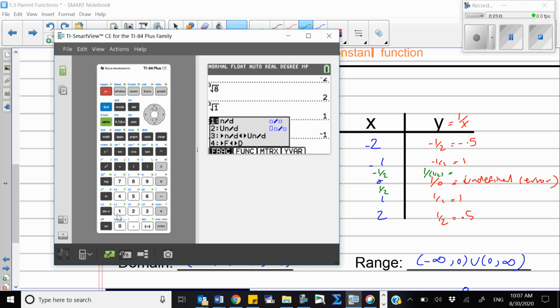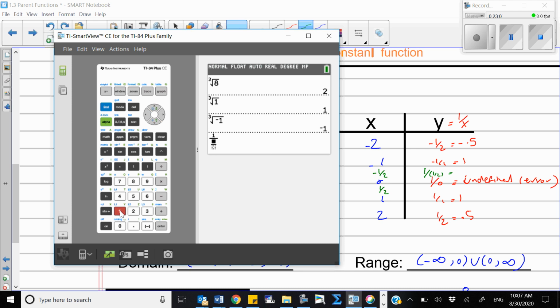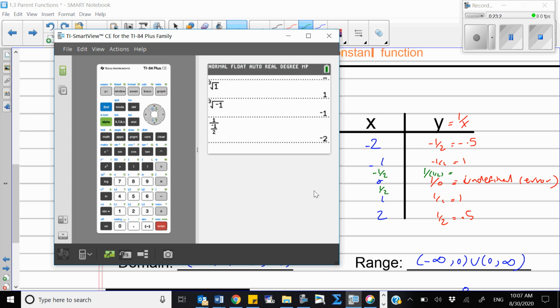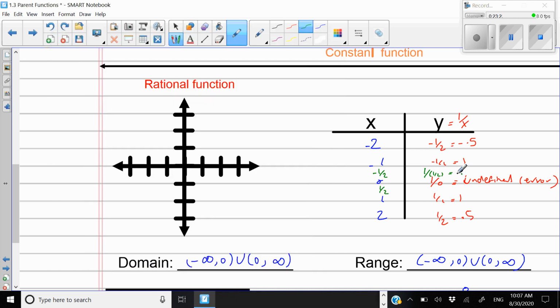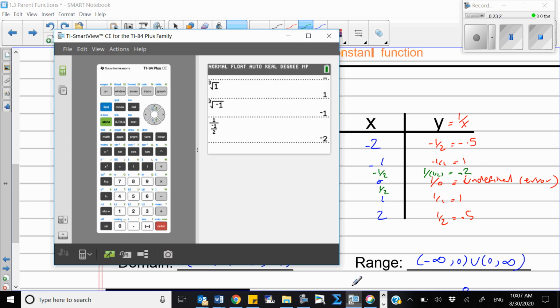So this time it's 1 over 2, or I can change it to -1 because we were working on -1 over 2. And here's the answer, it's equal to -2. Next I'm going to use the other number, 1 over 2.